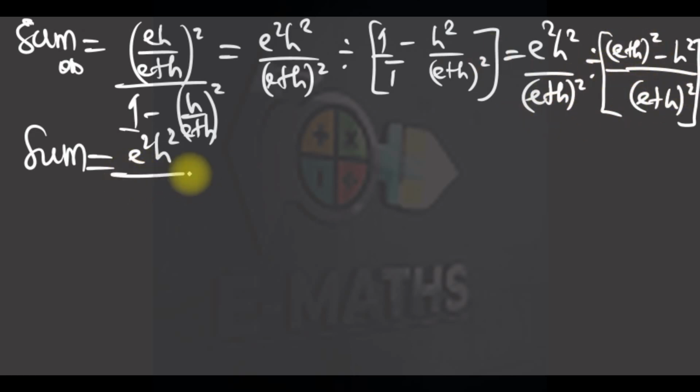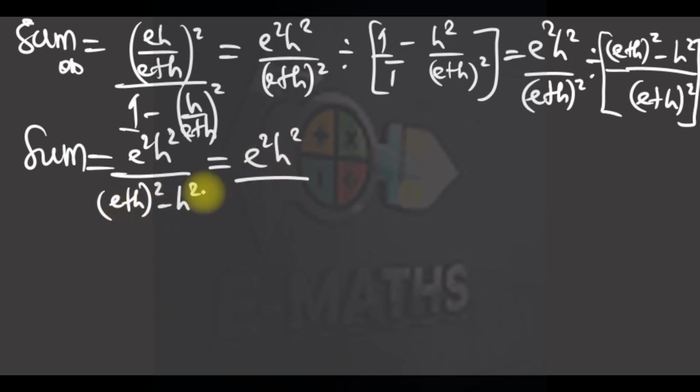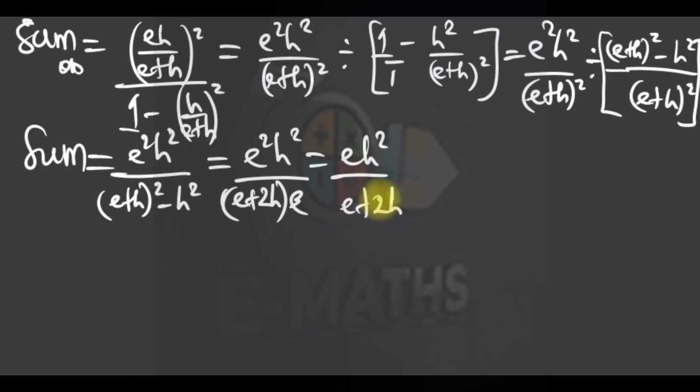So we are left with this over (e plus h) all squared minus h squared, which is e squared h squared. This is a difference of two squares. So this plus this is e plus 2h, and this minus this is e. So we have e h squared over e plus 2h. So have you seen it?